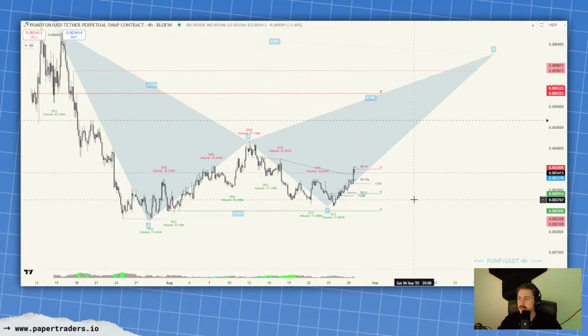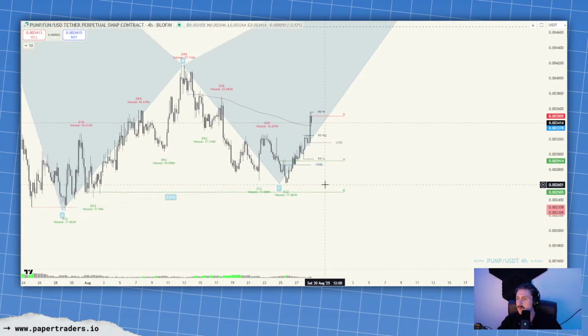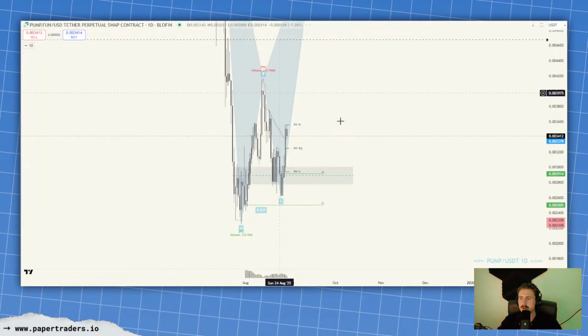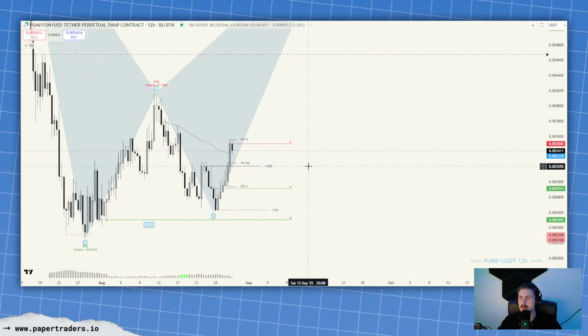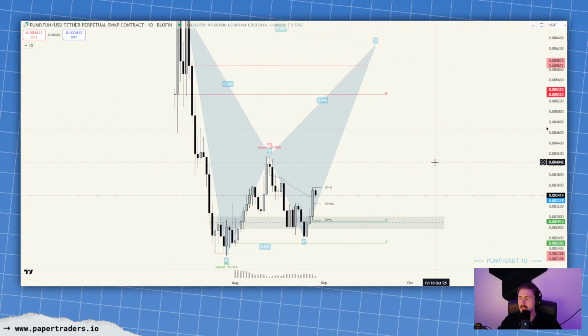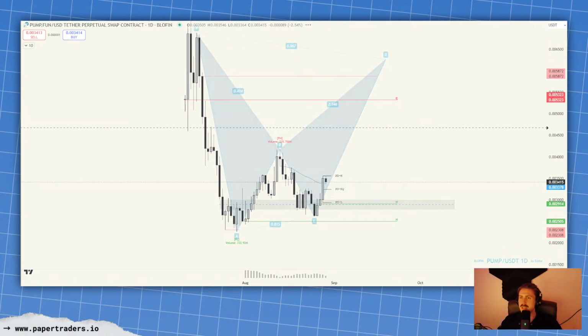But I like the way we're looking. We got the CISD right there at the bottom on the 4-hour. We swept this liquidity and now we are looking pretty solid. Maybe a retest of this 12-hour CISD and then go from there. On the daily and weekly it's looking pretty decent. Monthly is okay, not my favorite.